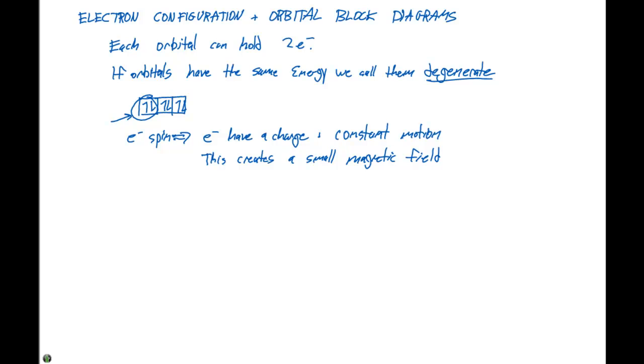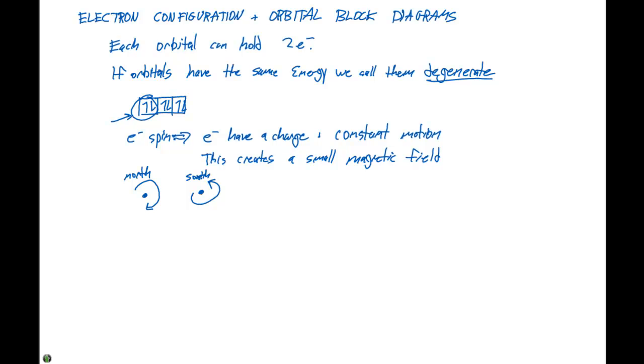So what happens is we have 1 electron here that's going to spin in the north direction, and we have another electron over here that's going to spin in the opposite or the south direction.